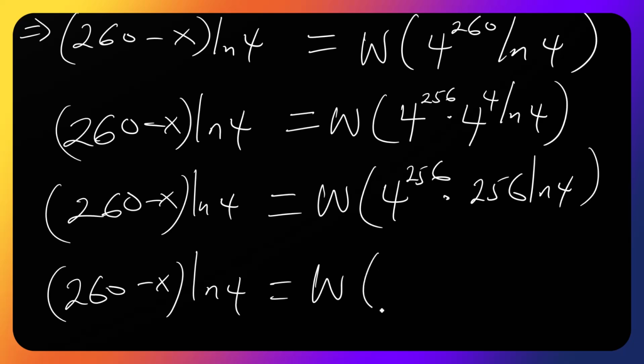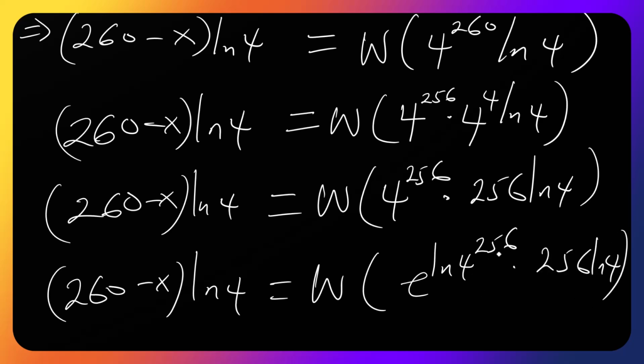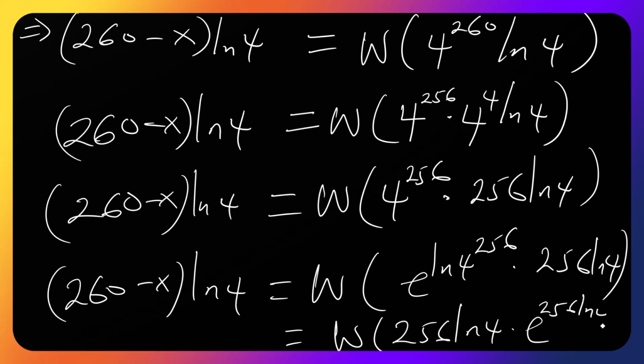Now let's write this one as e raised to ln of 4 to the power 256, times 256 ln of 4. Perfect. So it's the same as W function of 256 ln of 4 times e. Now let's bring this one behind as per the rule, 256 ln of 4. Perfect.